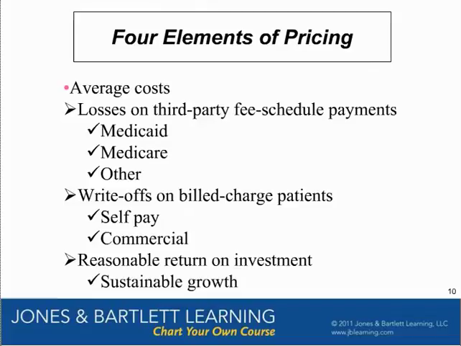We can't develop a price mechanism without knowing what our cost is. Number two are the losses on third-party fee schedule payments, especially for Medicare and Medicaid and other insurances too. Number three, write-offs on self-pay.